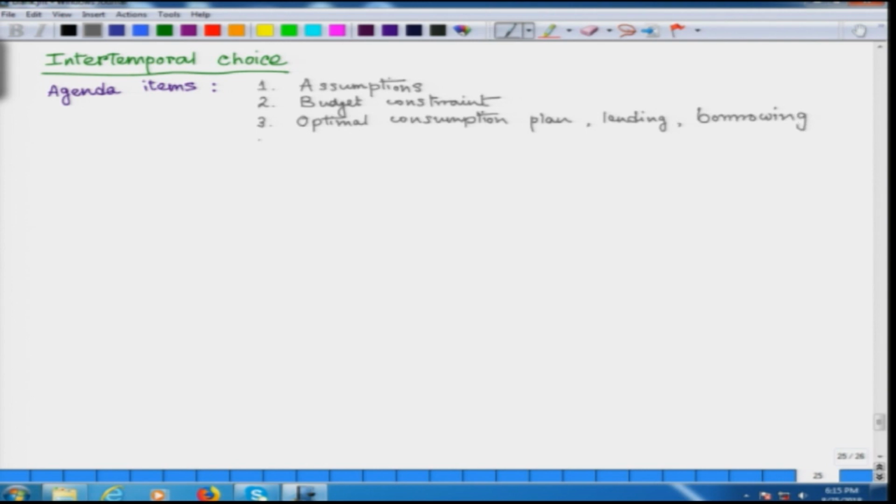We are also going to look at a very useful concept known as present value, and then we are going to see the application of net present value.